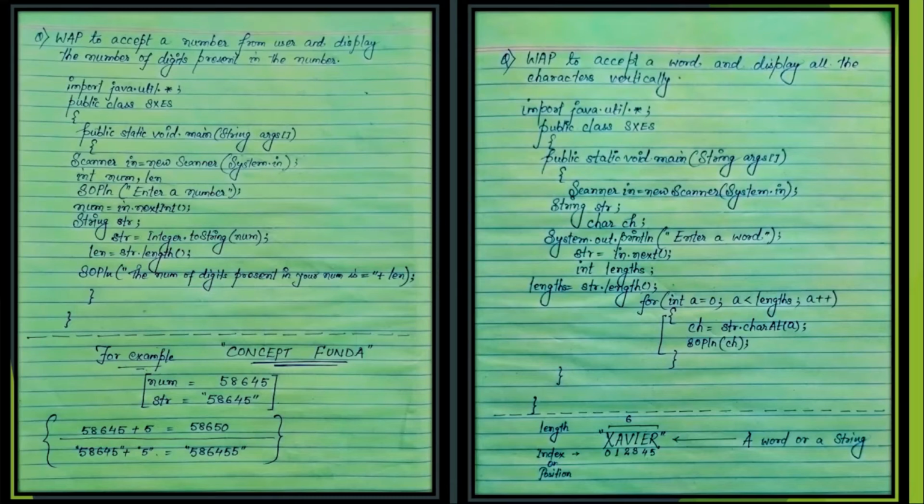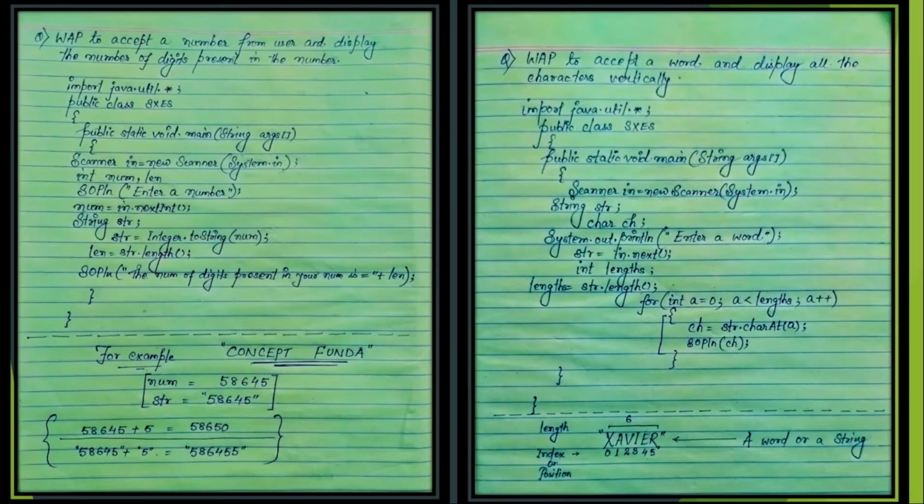Over here you can check 1, 2, 3, 4, 5 and 6. The length of the word is 6. That means this for loop will start from 0 and it should end before 6, that means it will end on 5.